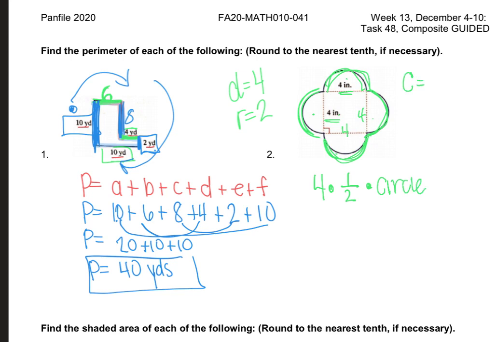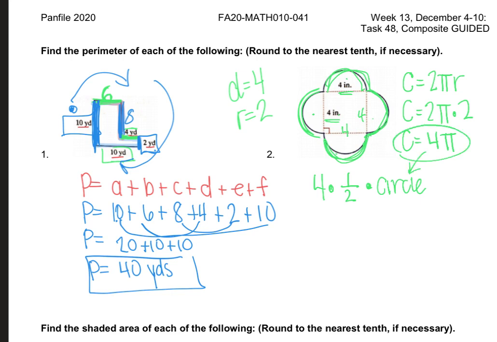The circumference equals 2 pi r, or pi d, but I'm going to use 2 pi r. I like to keep everything consistent across the board. So now I have 2 times pi times 2, because my radius is 2. So the circumference of just a plain old circle with a radius of 2 is 4 pi.